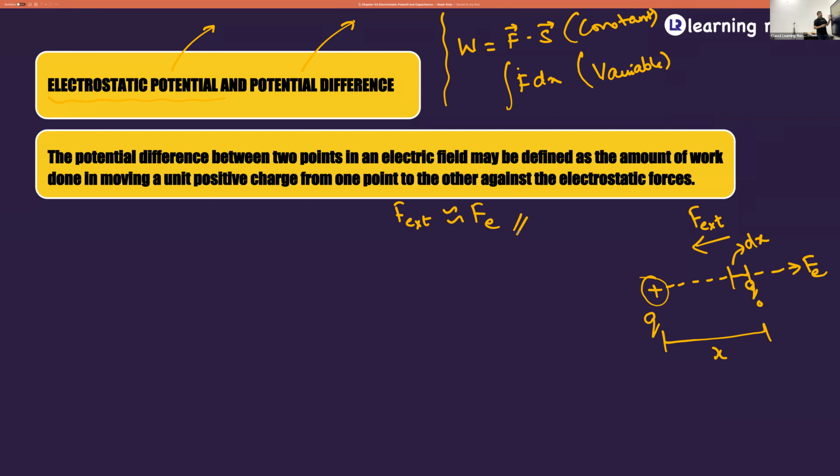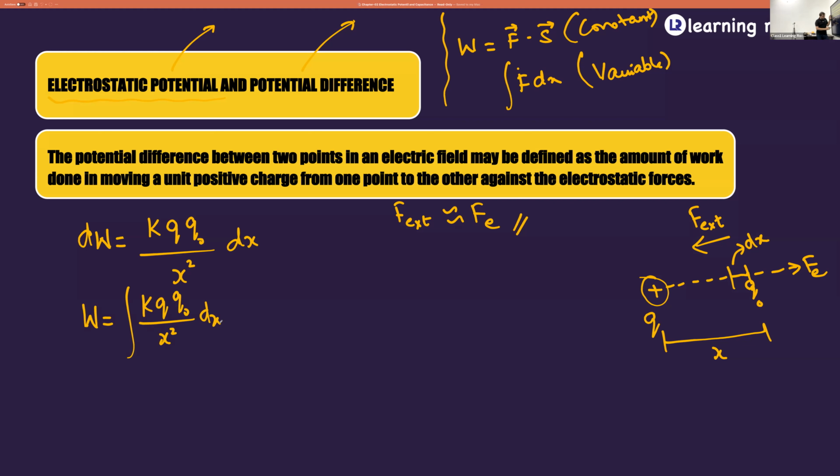Now tell me, what is the small amount of work done by the external force through a displacement of dx? It is going to be KQ Q naught divided by x square, times dx. So if I need the total work done, I need to integrate K Q Q naught divided by x square into dx, from, let's say, R1 to R2.